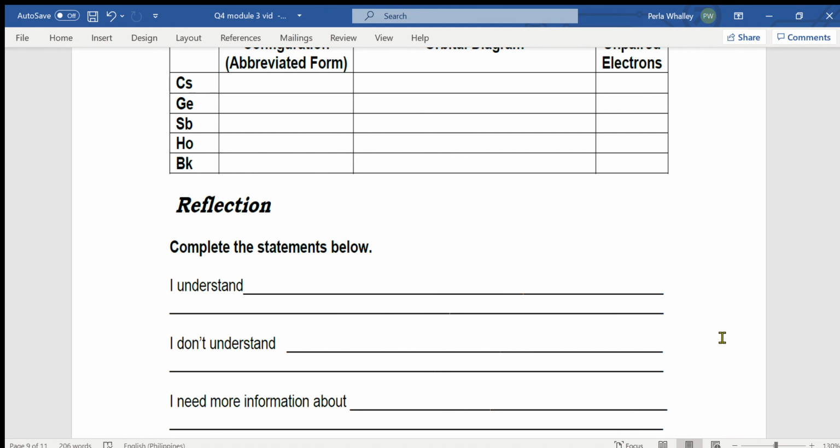But for example, if you do not understand a portion or a part of this lesson, please ask in our group chat so that I can address it fast. Okay?